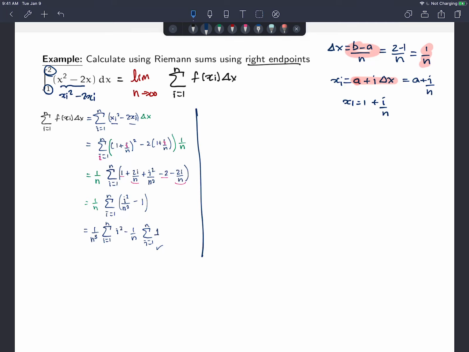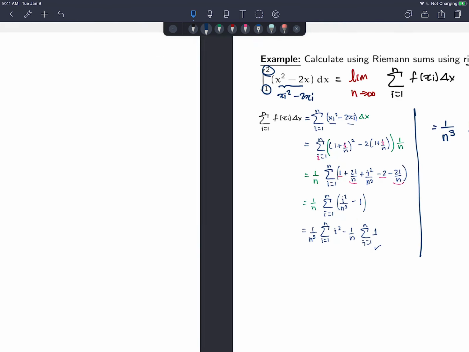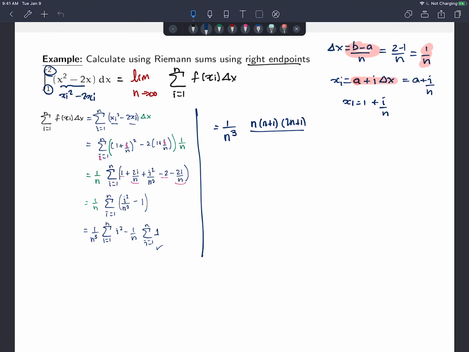So what I have was the sum became 1 over n cubed of the sum of i squared, which if I remember correctly was n times n plus 1 times 2n plus 1 divided by 6. So that's what this term is. And the other one was just 1 plus 1 plus 1, n times, so it's an n. So I'm going to put an n over n.